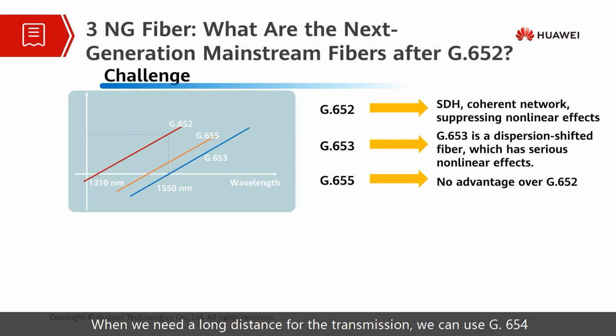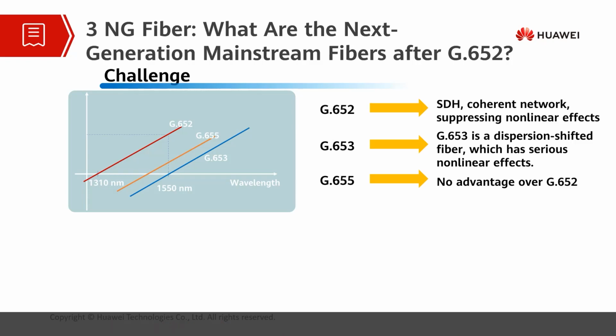When we need a long distance for the transmission, we can use G.654. Also, it can meet the requirement for those high attenuation spans. And the last one, G.657 fiber, is the most widely used fiber except the G.652. G.657 fiber is used in the fiber to the home drop cable scenario.